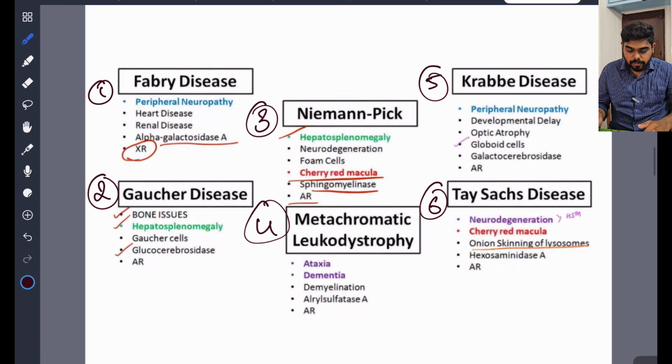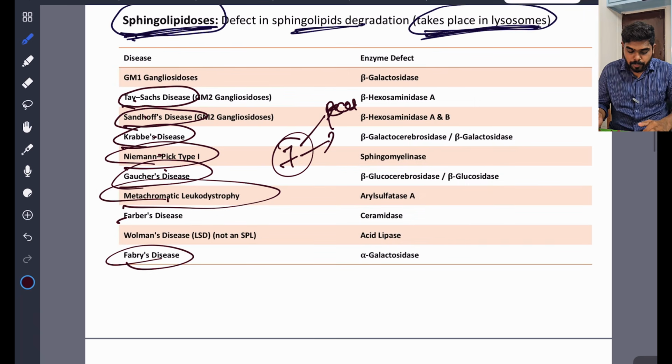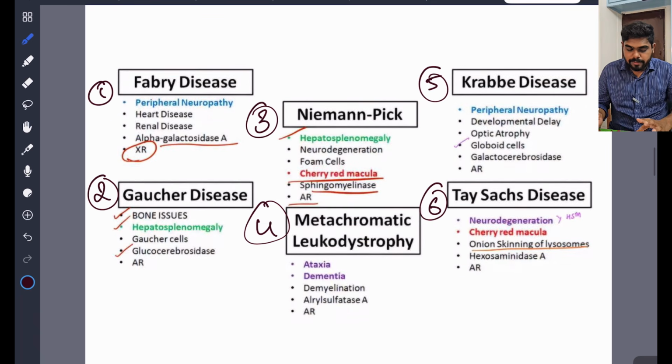So see here, everything has some peculiar features. For example, Fabry's disease: Fabry's is X-linked recessive. We will summarize in the last. Definitely after that summary, you are going to solve.